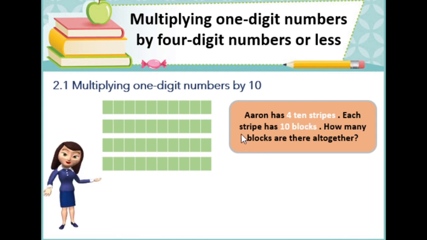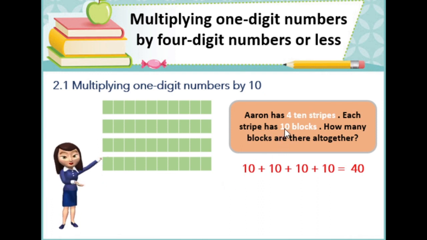Each stripe has 10 blocks. There are 10 blocks in each stripe. Now, how many blocks are there all together? How are we going to solve for it?